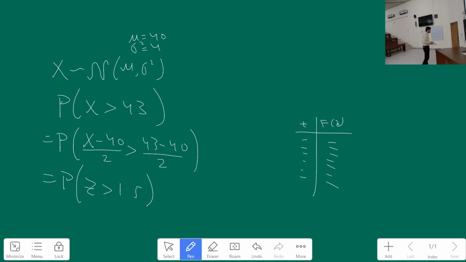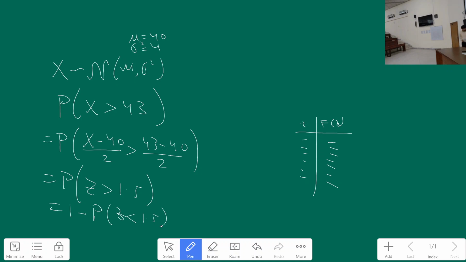1 minus. A very logical thing to do: either this value is greater than 1.5 or less. This is mathematical reality. And in continuous cases, the probability at exactly 1.5 is 0. So you can do 1 minus the probability Z less than 1.5.